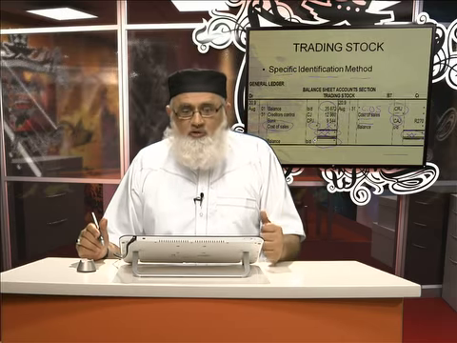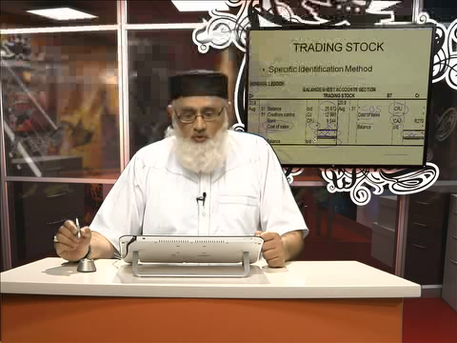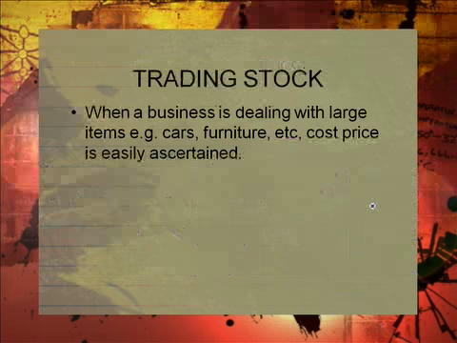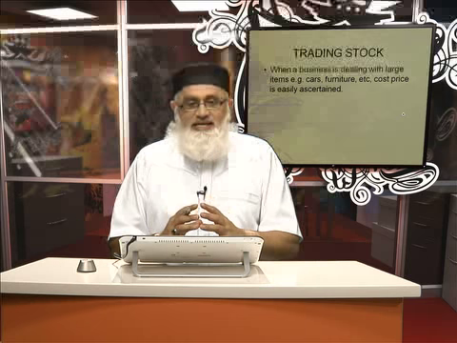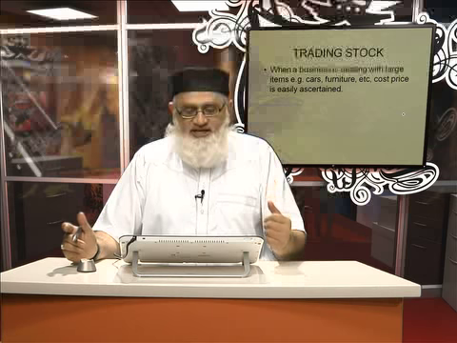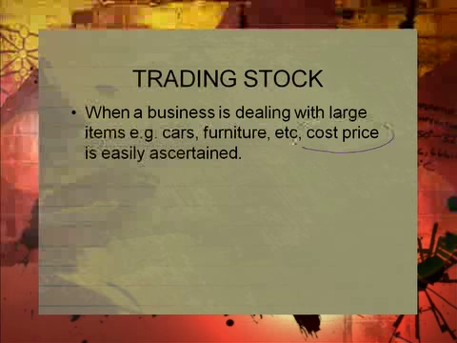Obviously, another important feature, and this you should have identified for yourselves a long time ago, that by using this type of trading stock account, we are actually saying we're using the perpetual inventory system. So now, when a business is dealing with large items, for example, cars, furniture, etc., it's very easy to ascertain the cost price.